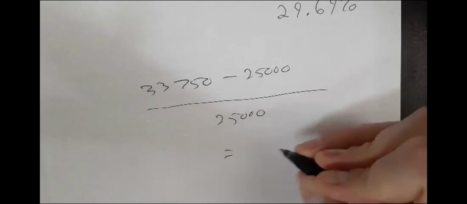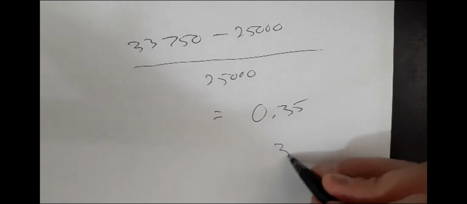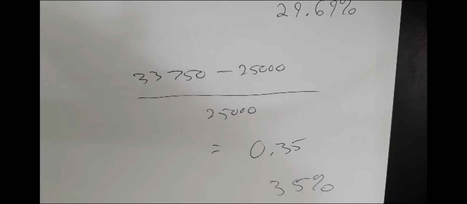This is giving me something like 0.35, which is telling me his increase is around 35%. So who's had the more relative increase? We're talking about 29 versus 35. So it looks like Mark had the larger relative increase.